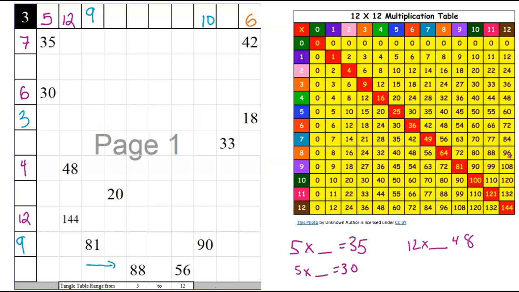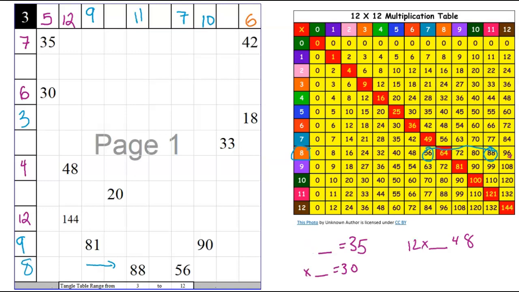Hopefully you noticed it was in this row. So there's 56, there's 88. So what number is it? The number 8. So we put 8 here. What times 8 gives you 88? That's 11. What times 8 gives you 56? And that is the number 7.